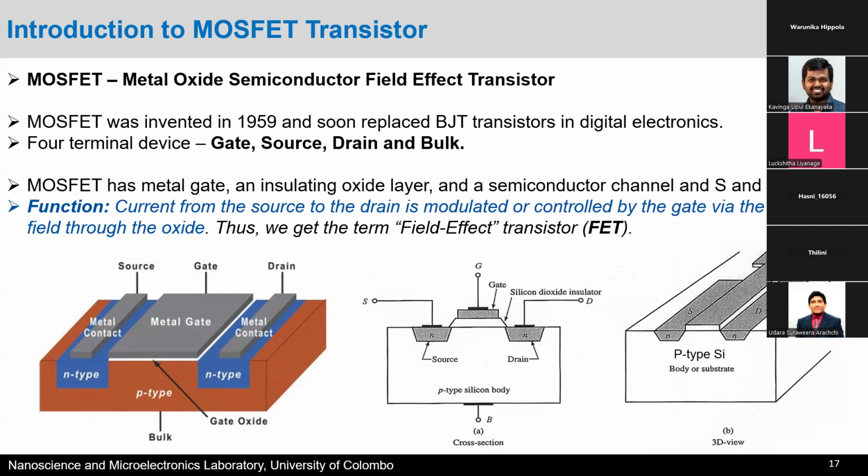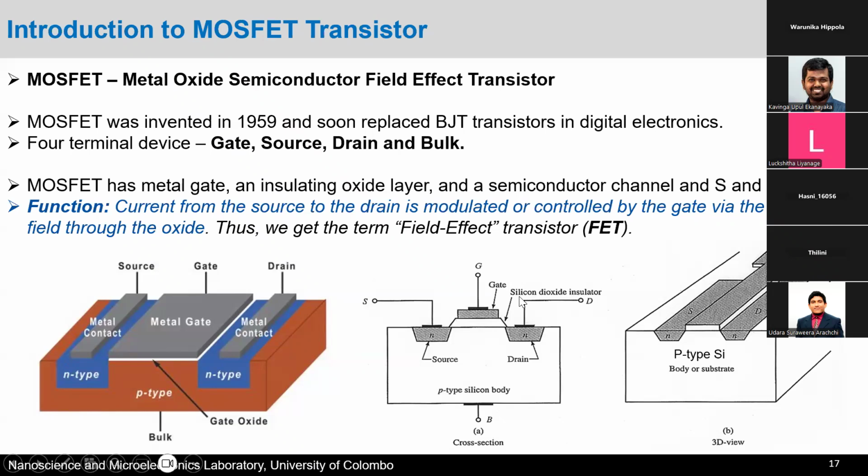So if you take the cross section of a MOSFET, the structure looks like this. What you have is a p-type silicon body if it is an NFET, and then you have source and drain regions that are highly doped. They have n-type doping for source and drain in an NFET, and then you have an insulator on top adjacent to this source and drain that's usually made out of silicon dioxide.